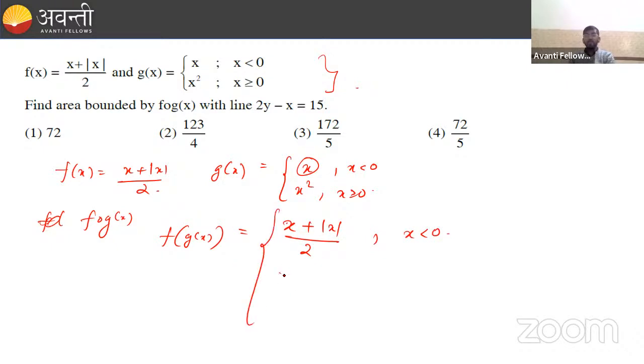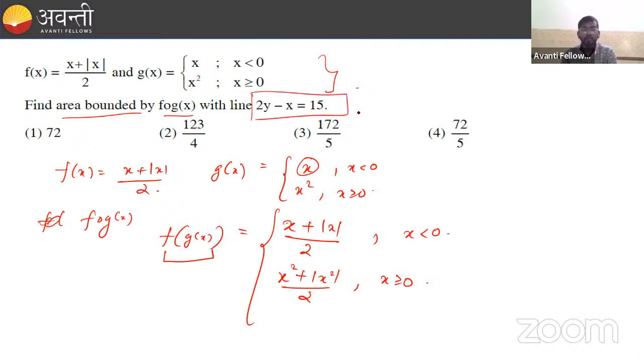And when x is positive, this will become x² plus mod of x² by 2 when x is greater than or equal to 0. So we have found out f(g(x)), right? And now we have to find out the area bounded by f(g(x)) with the line 2y minus x equals 15. So first of all, let's write down f(g(x)) clearly.